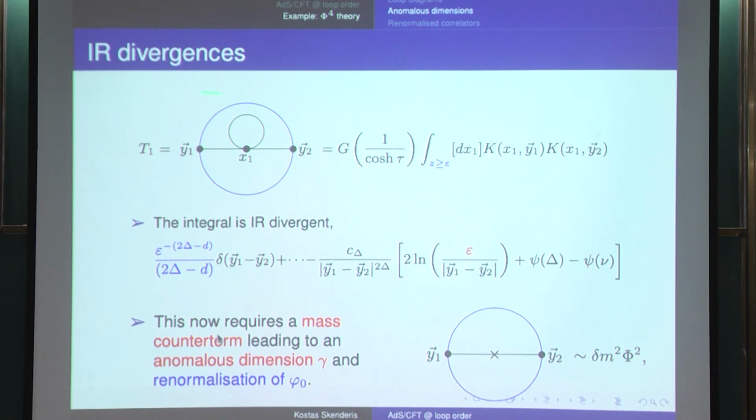So as I said, this diagram has been analyzed in the literature in a number of papers, 5, 10. And in all of the papers, people just automatically put in this counterterm, even if they didn't know the answer, because they knew that they wanted an anomalous dimension. And they knew that the dimension is related to the mass, so you need to do something to the mass.